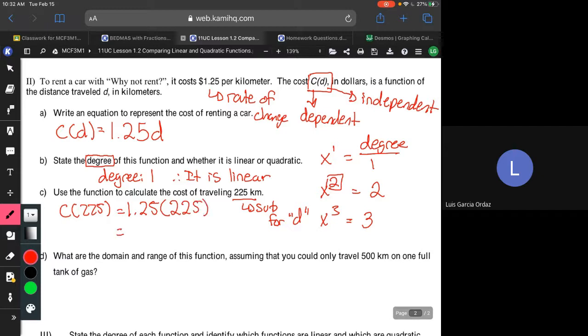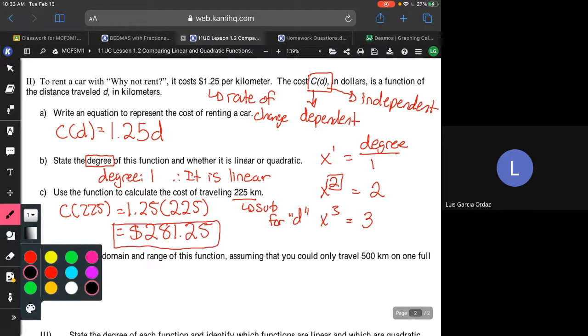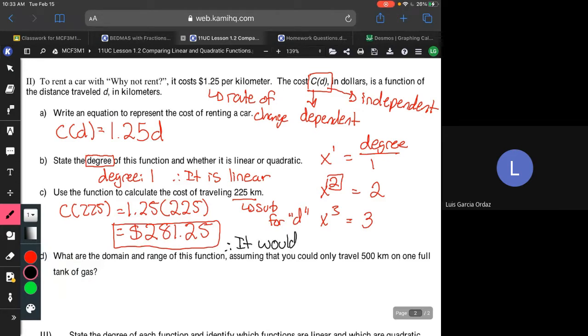So who can tell me what my cost is going to be? Ashton. 200 and what? So my therefore statement would be: therefore it would cost $281.25 to travel 225 kilometers.